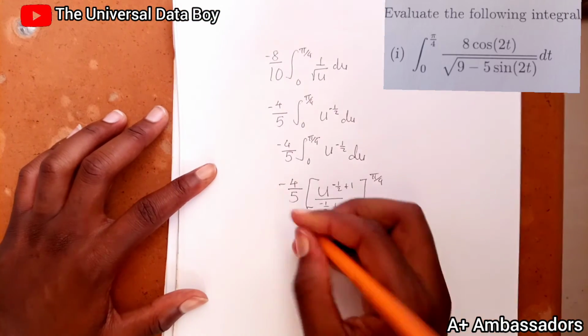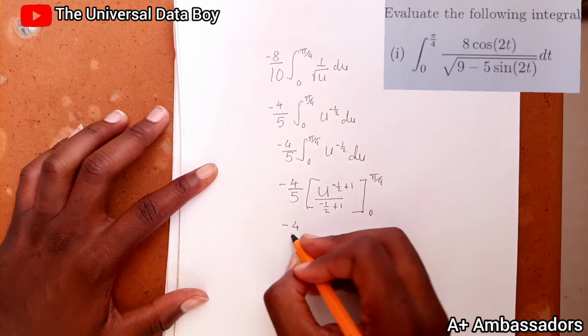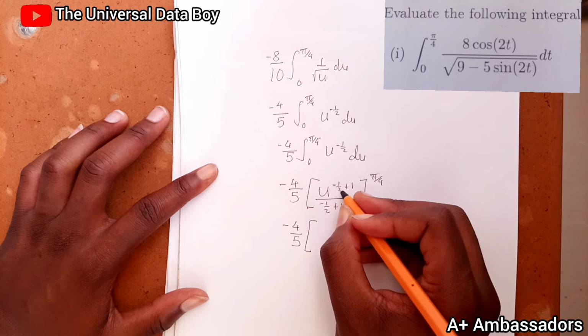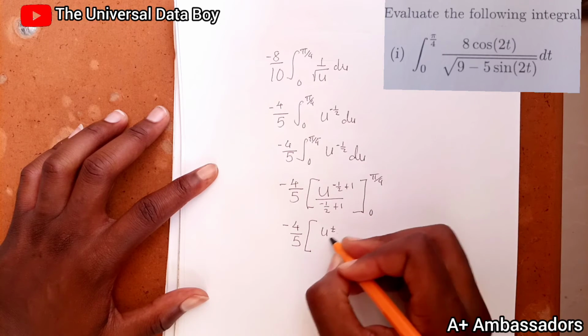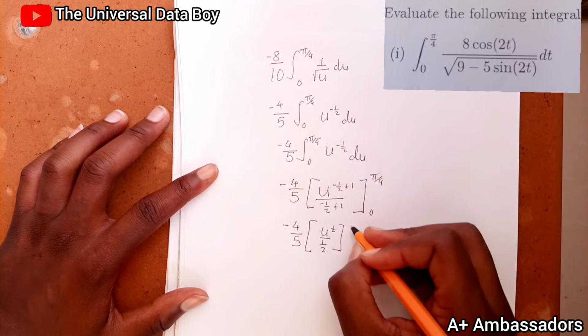Never forget the limits of integration. And if there are no limits, we could just add a plus c. So now we have 4 over 5, and then we know negative half plus 1 is just half, 1 over 2, 1 over 2, pi over 4 and 0.